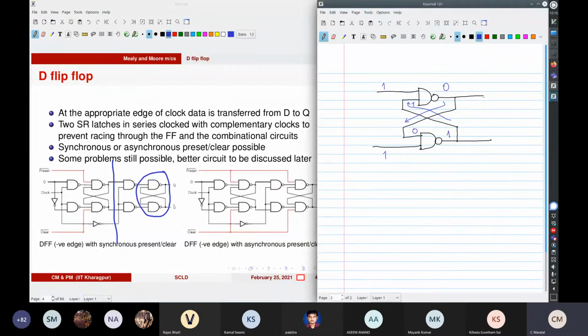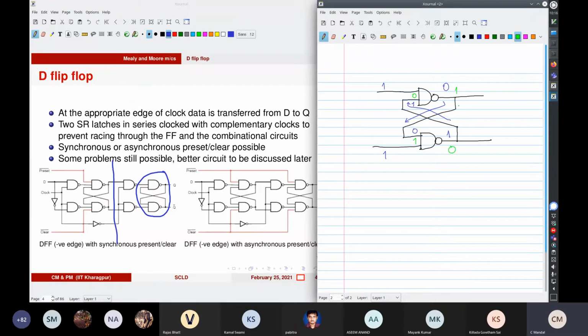This is a symmetric circuit, so you could analyze it the same way. If you had a 0 here, you would have a 0 here, and then you would have a 1 here and a 1 here, and that would give you a 0.